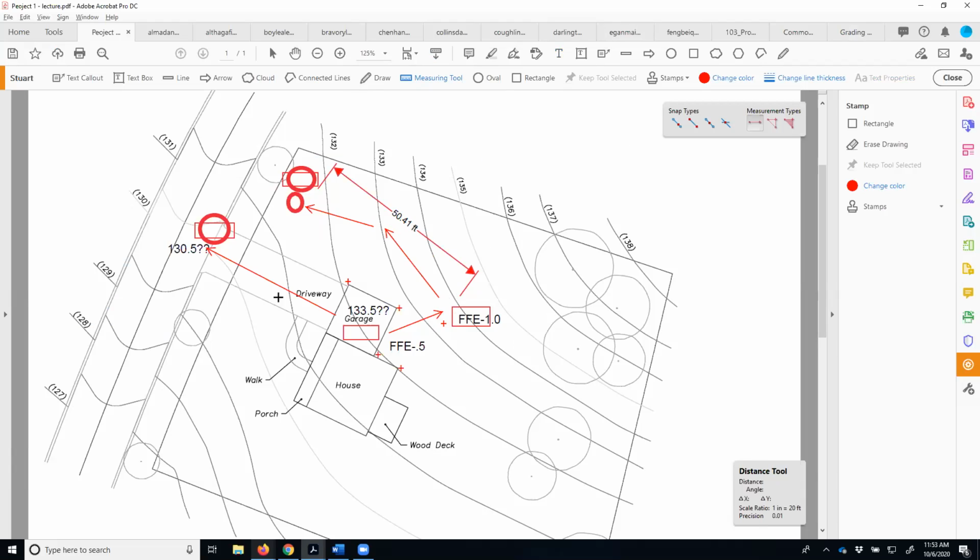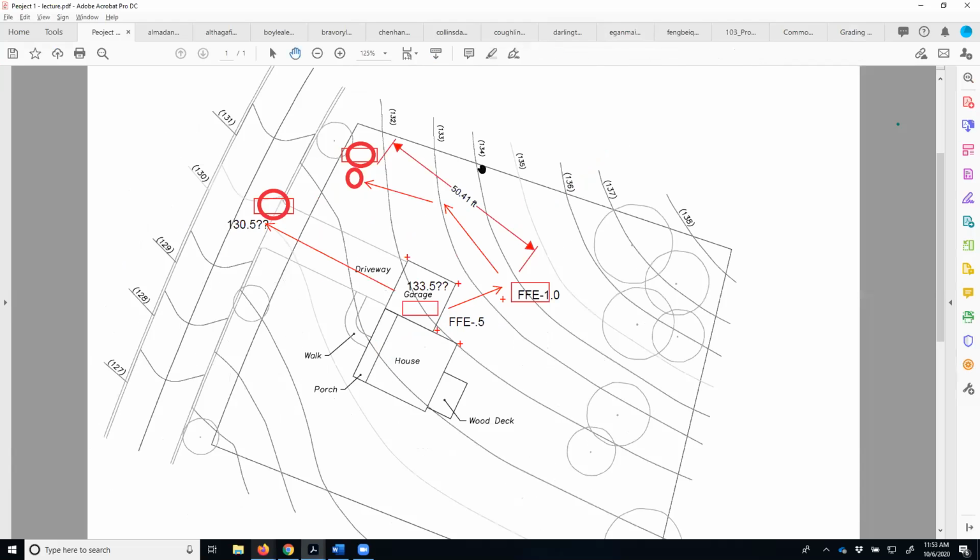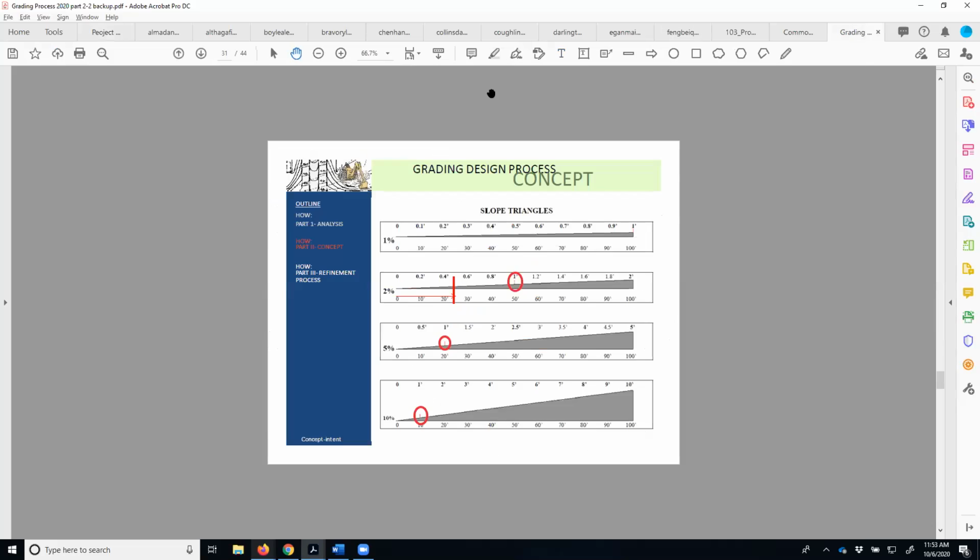If I've got 50 feet, then I can have a drop there, going back to the slope triangles. That means anything along this 50-foot line. I'm going to move it out of the way so I can see the numbers.